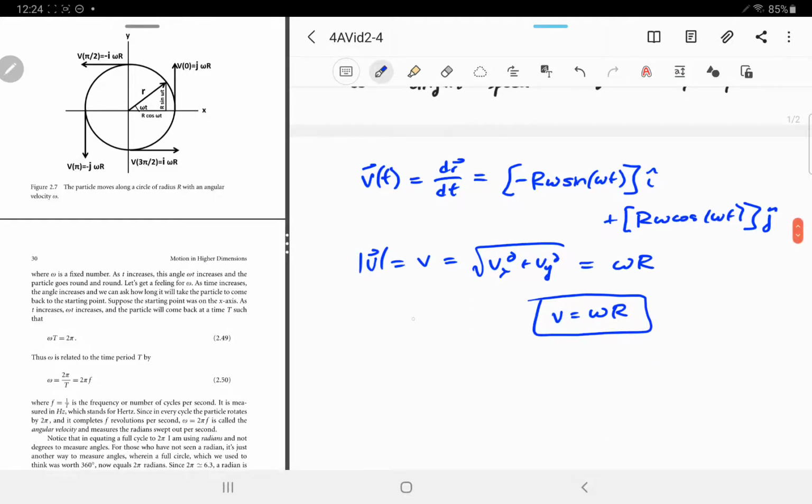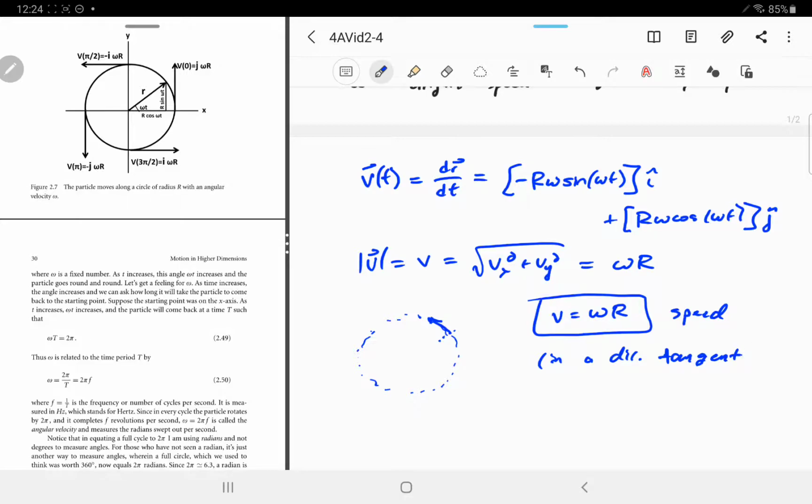Anything that's moving around in a circle, the radius isn't changing and it's moving at constant speed. This is the speed, and the speed is always in the tangential direction. So this is the speed of that object, and it's in a direction tangent to the circle.